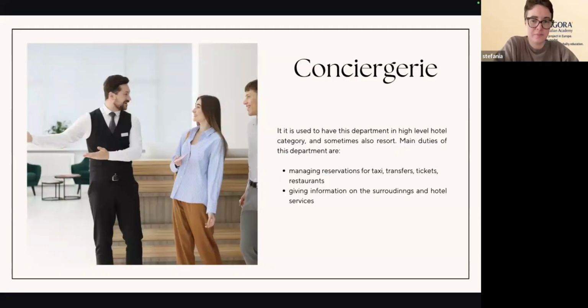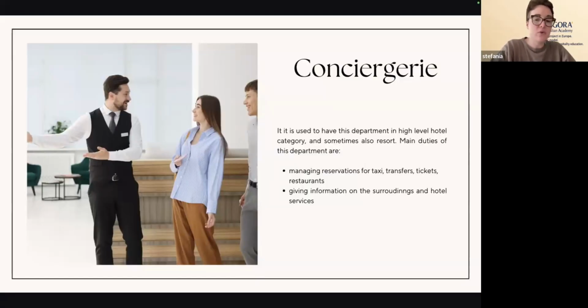And conciergerie. This department is usually found in high-level hotel categories and sometimes also resorts. Usually conciergerie is a department next to the front office, either another desk or a part of the front office desk.